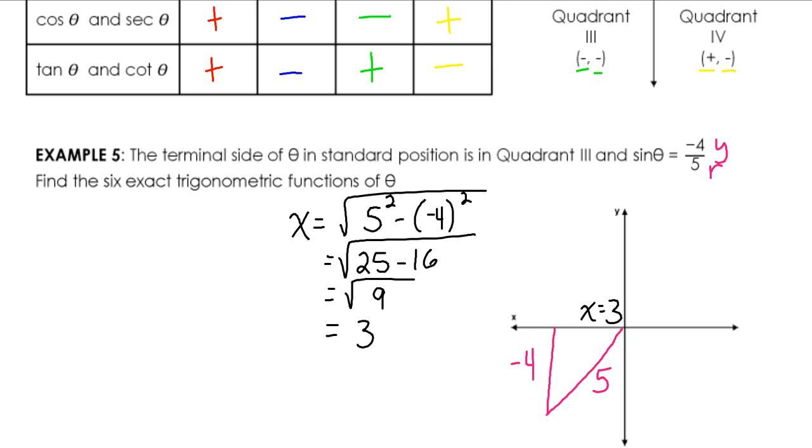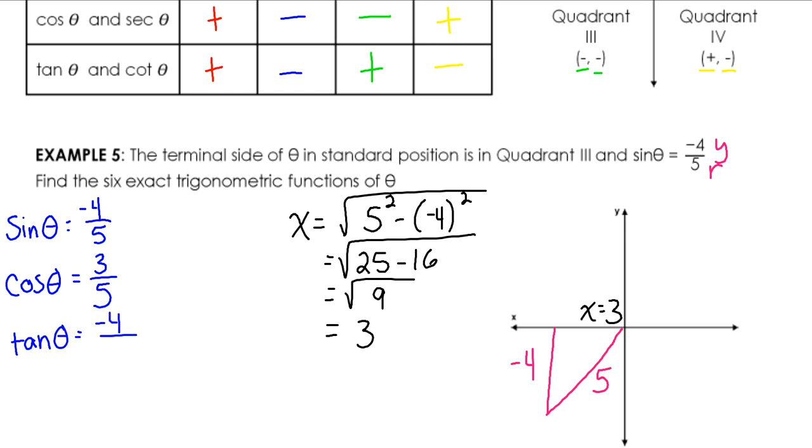Once I know those, then I can start to fill in my 6 trig functions. Sine of theta, remember, is y over r, so that's going to be -4 over 5. They gave us that in the problem. Cosine of theta is going to be the x value over r, so that's going to be 3 over 5. And then tangent, remember, is y over x, so the y value over the x value.